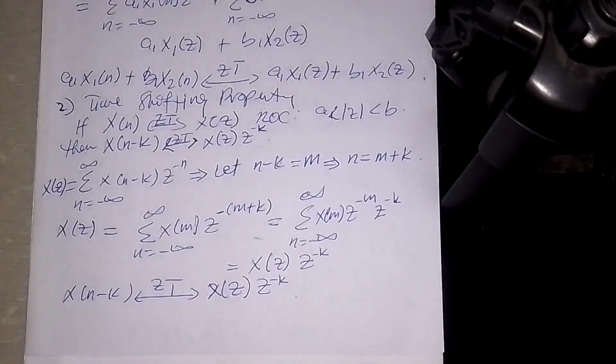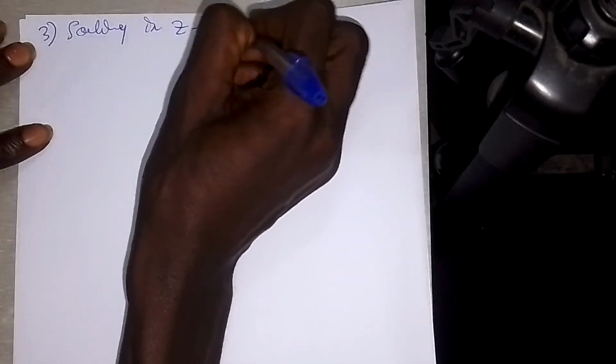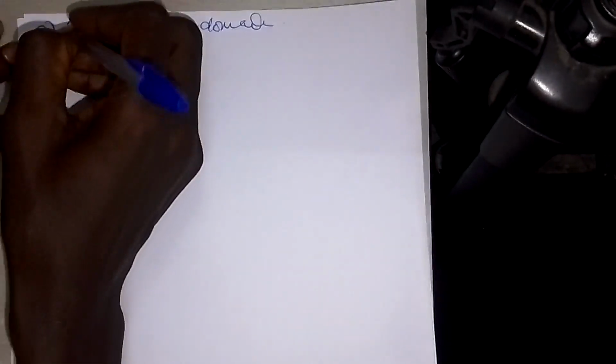Now let's go to the next one that we need. Okay, property number 3. So property number 3 is scaling in the Z domain. So let's look at the scaling in Z domain.